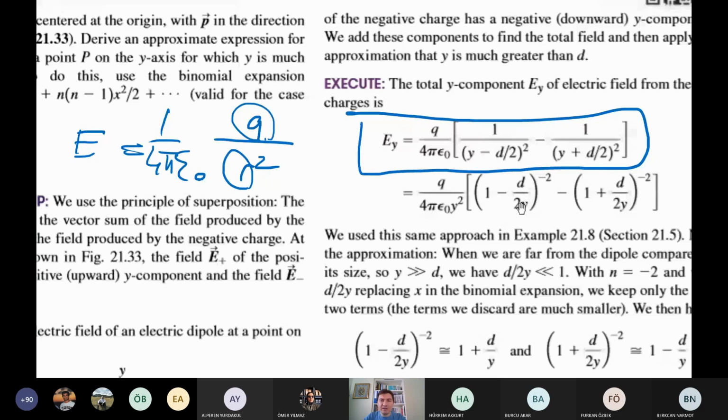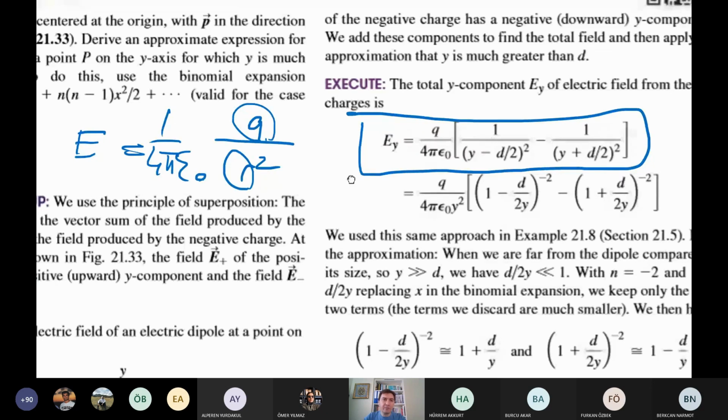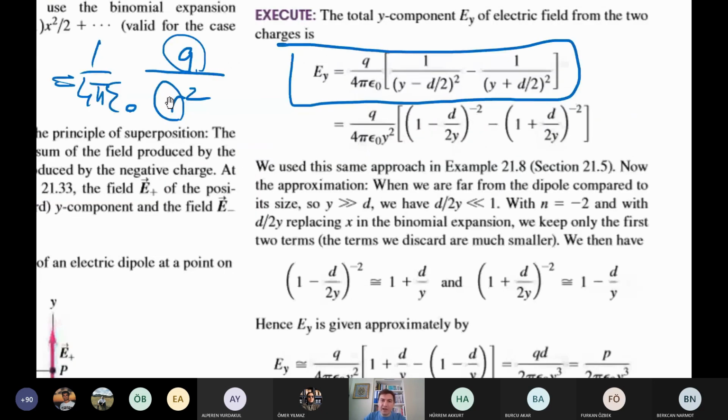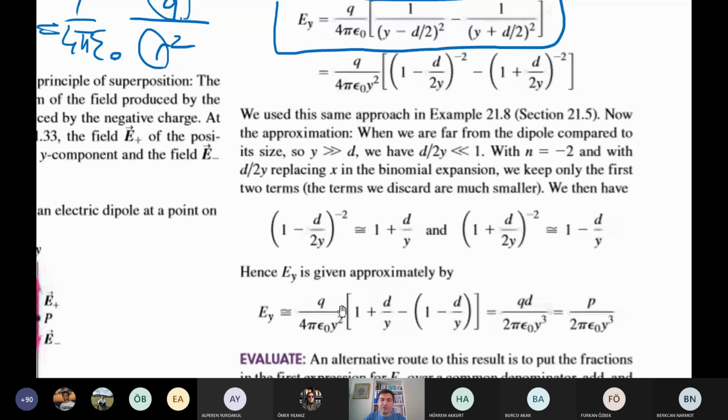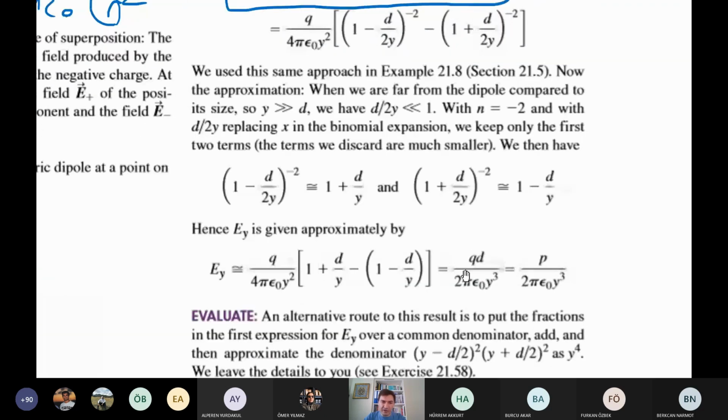And if you use this binomial expansion, then you can rearrange this term here. Then finally, just put them here in the equation. Then you can get this expression. Here we have q times d. Q is already here, 4 pi epsilon 0 y square.